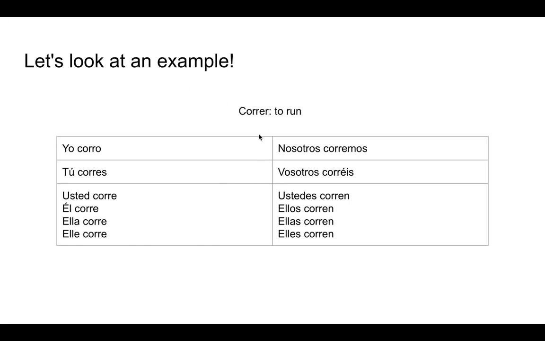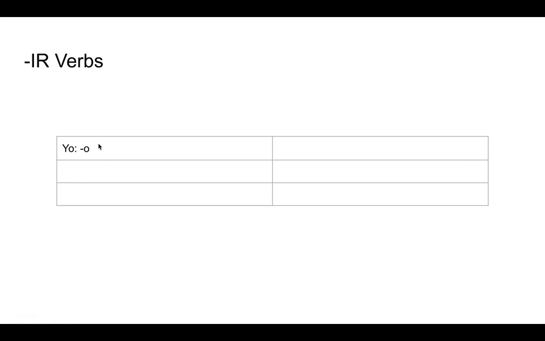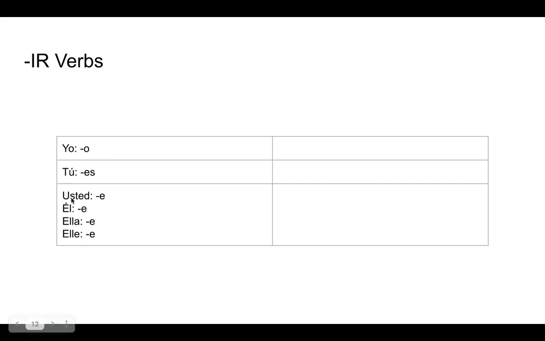Let's take a look at what happens if instead of my verb ending in ER, it ends with the letters IR. If I'm talking about yo, something that I do, it's going to end with O. Tú, es. Usted, él, ella, ella, e.